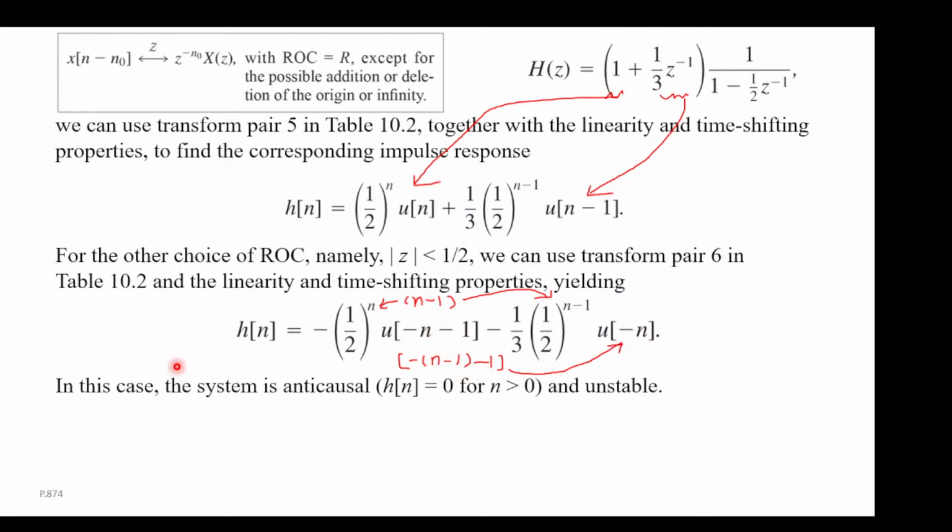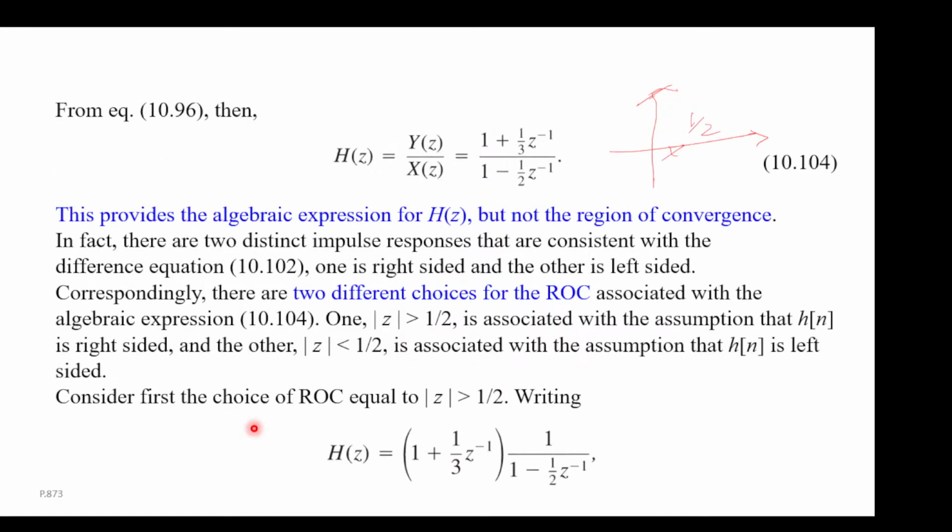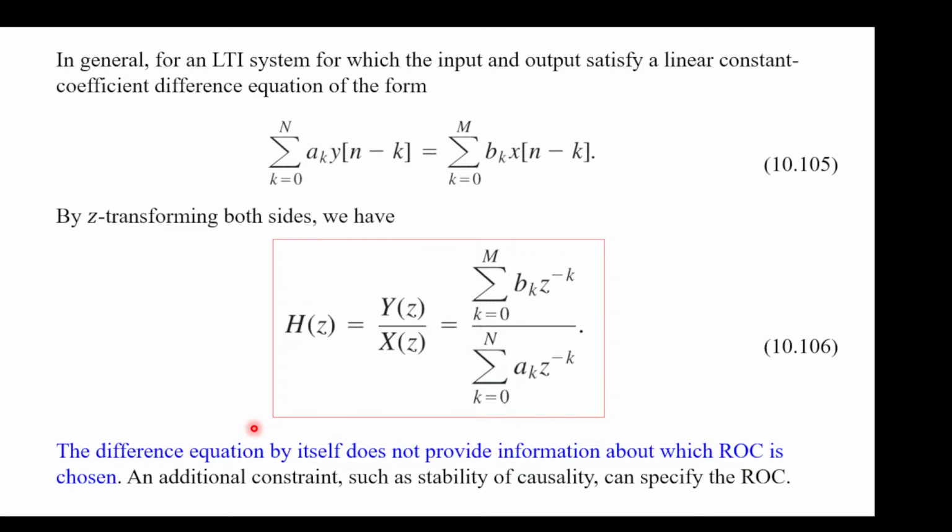And the system will be anti-causal and unstable. So that's an example.